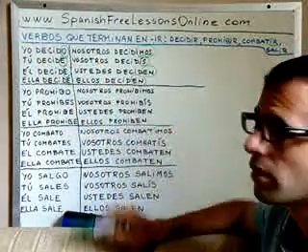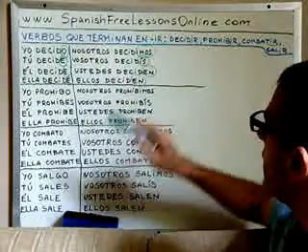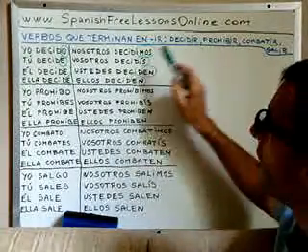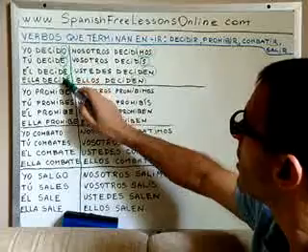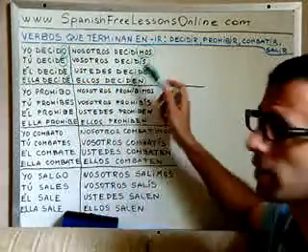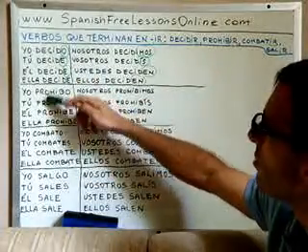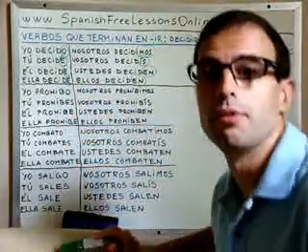The only thing that is replaced is the ending, ir, which will be replaced by the right ending for the respective conjugation, okay? And that should apply for all the other regular verbs.